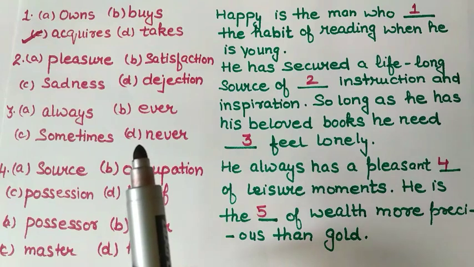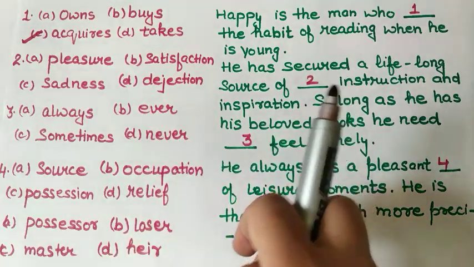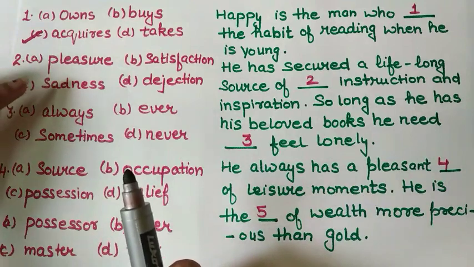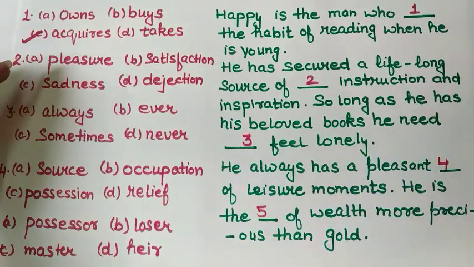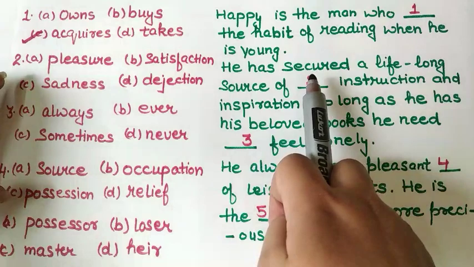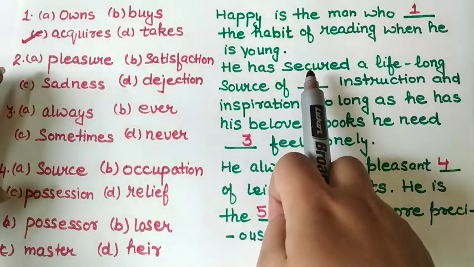He has secured a lifelong source of dash, instruction and inspiration. The options for the second blank are pleasure, satisfaction, sadness and dejection. Now see, we are talking about something securing, right?